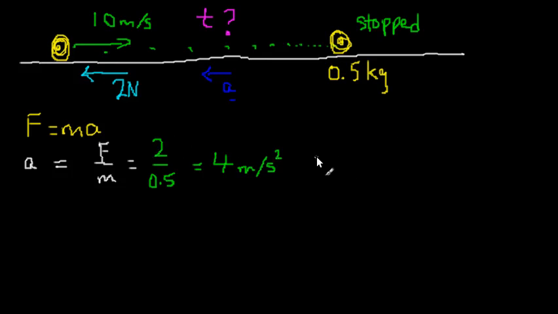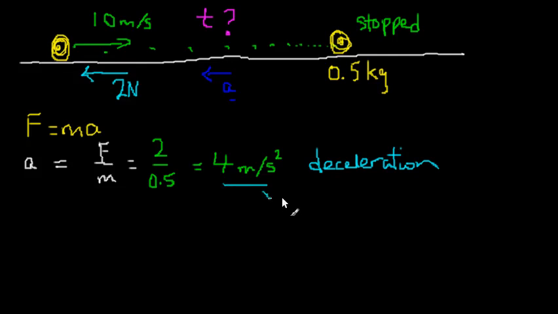It's actually not causing the ball to go faster, it's causing it to slow down because it's in the opposite direction. So it's a deceleration. Now, how much does it decelerate? Well, it decelerates by 4 meters per second every second. Okay, that's quite a mouthful.